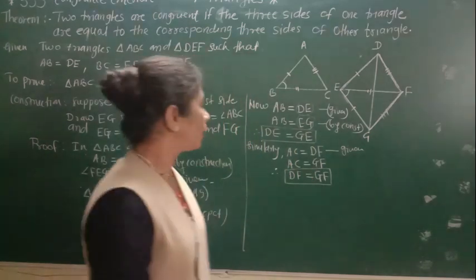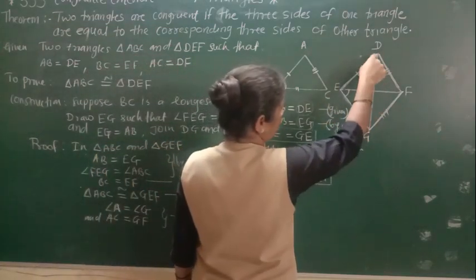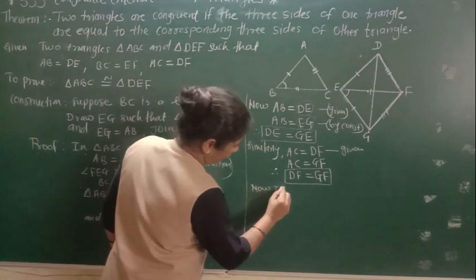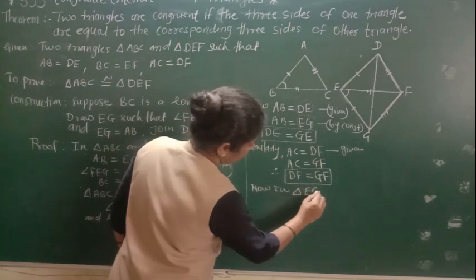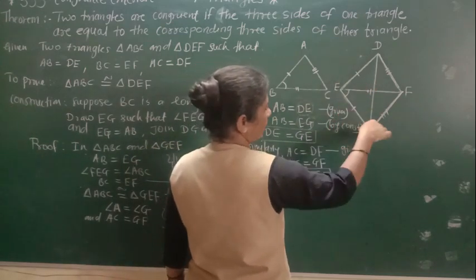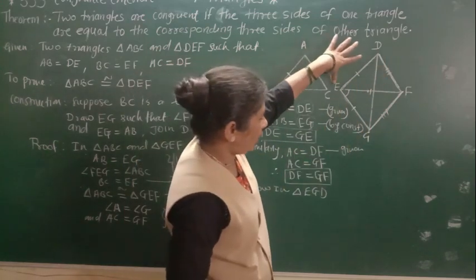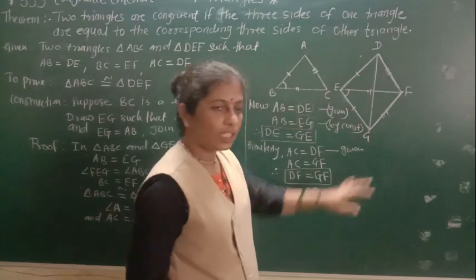Understood? Now we will take this triangle EGD. So now in triangle EGD, what is there? ED equals EG.